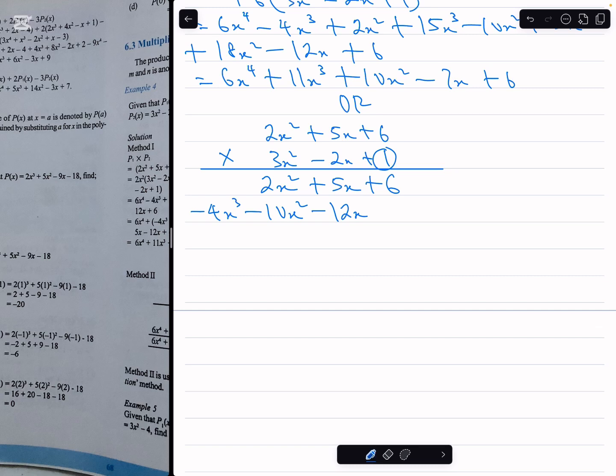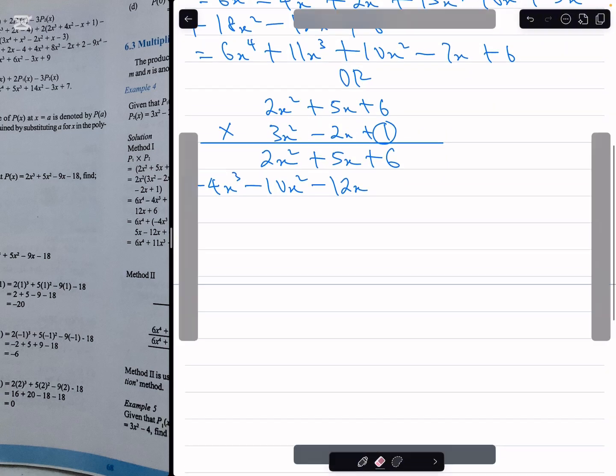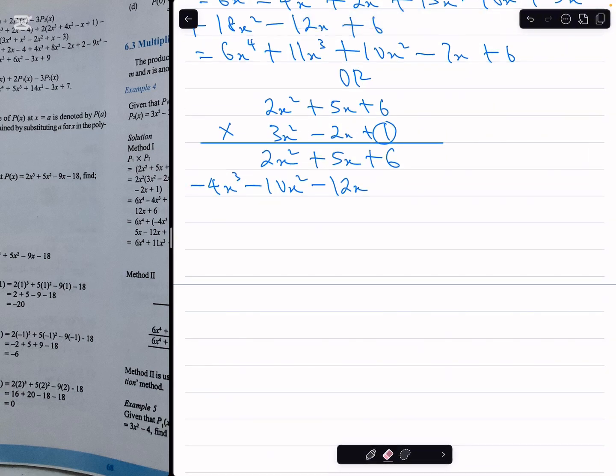Now the next one is 3x squared times 6. That's 18x squared. I'll write it under the x squared terms, plus 18x squared.